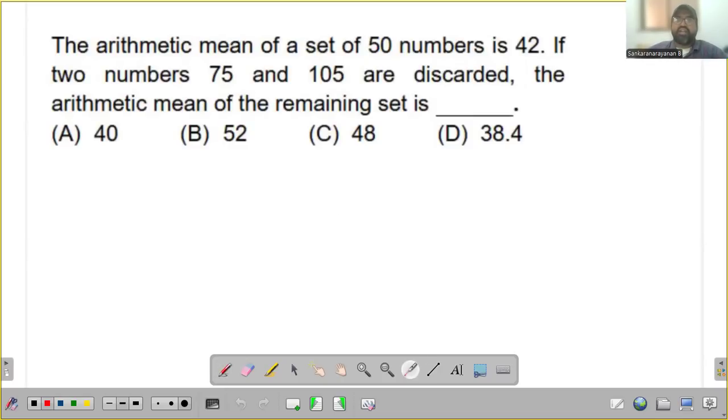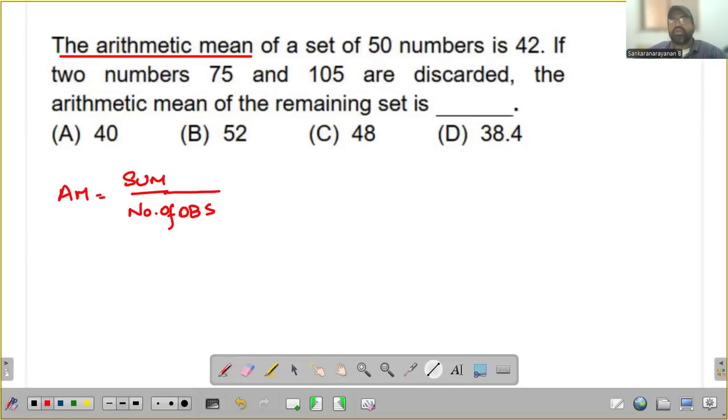It is given the arithmetic mean of a set of 50 numbers is 42. So please note, arithmetic mean is equal to sum of observations divided by number of observations, right? So here the number of observations is 50.